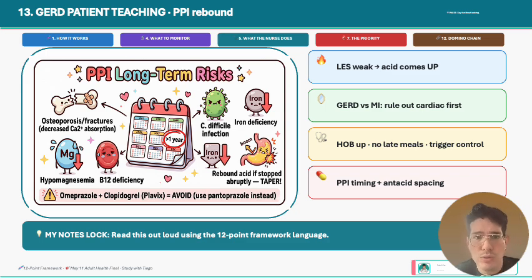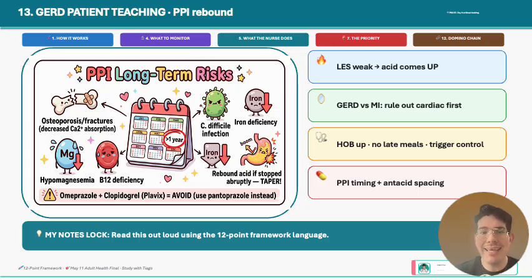And follow the taper or step down plan if the provider gives one. I also want to know if the patient is using over the counter PPIs for longer than intended, because long term use can be associated with risks like low magnesium, B12 deficiency, bone concerns, kidney concerns, and C. diff risk.